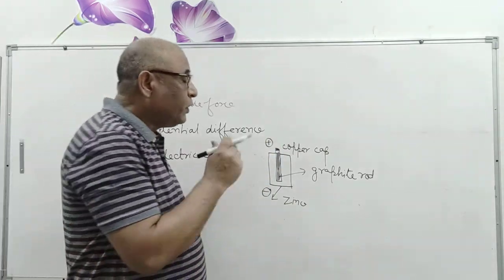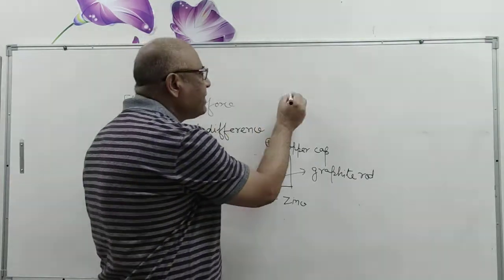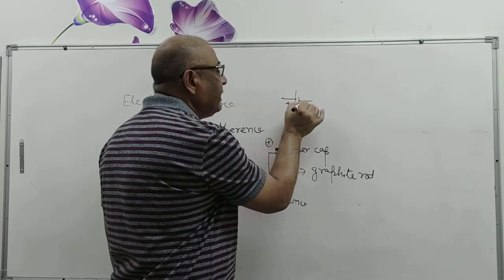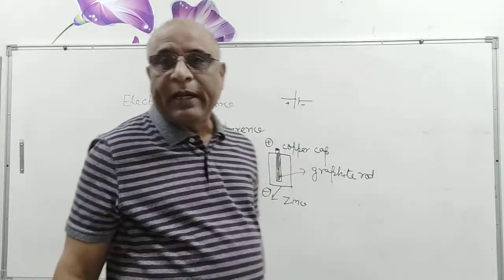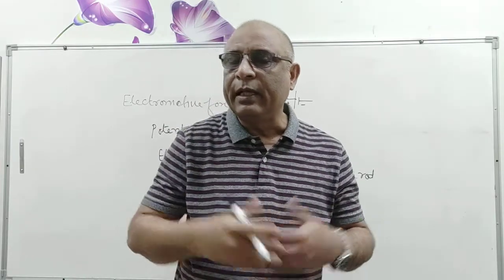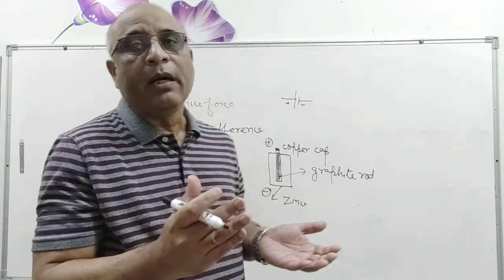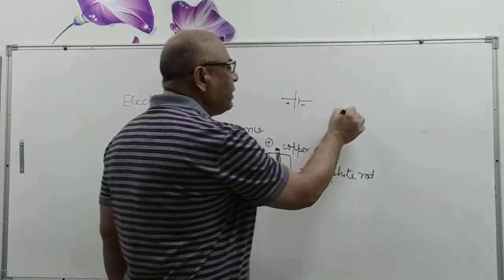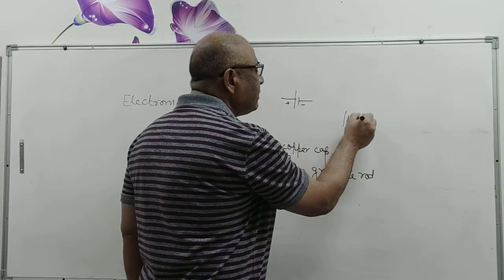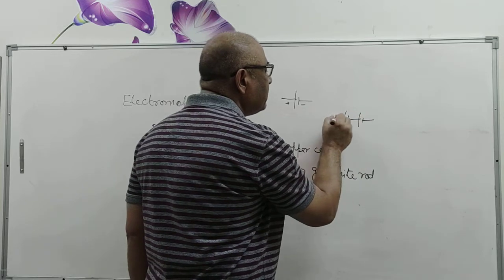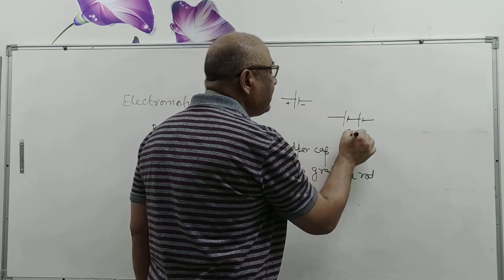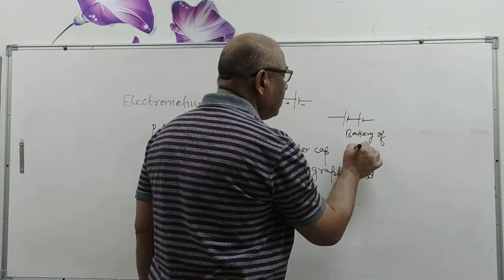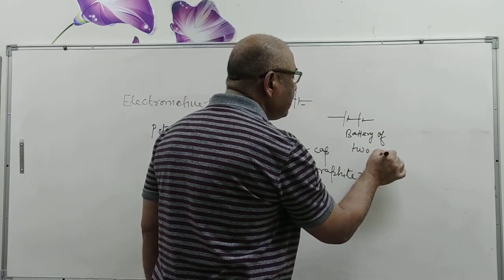Now, you can show a single cell like this, with positive and negative. Do you know what a battery is? Many cells in combination make a battery. More than one cell is known as a battery. So here, two cells are used, known as a battery of two cells.